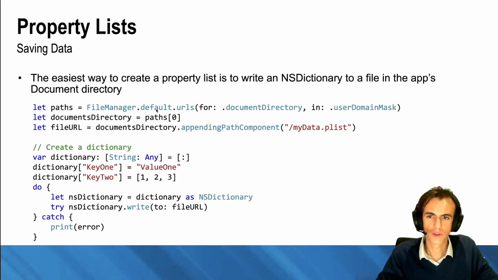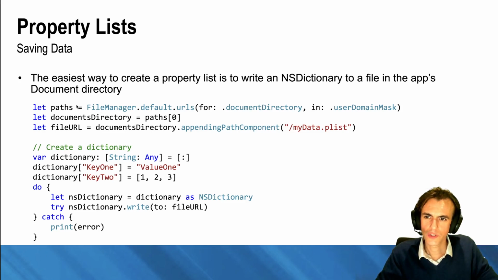Again, this is a singleton available by this default property. So you say FileManager.default, and it has a method called urls(for:in:), and you specify what you want and in a domain. So in this case, we just say we want the user's document directory in the user domain, because you could talk about things at the user level or the system level.